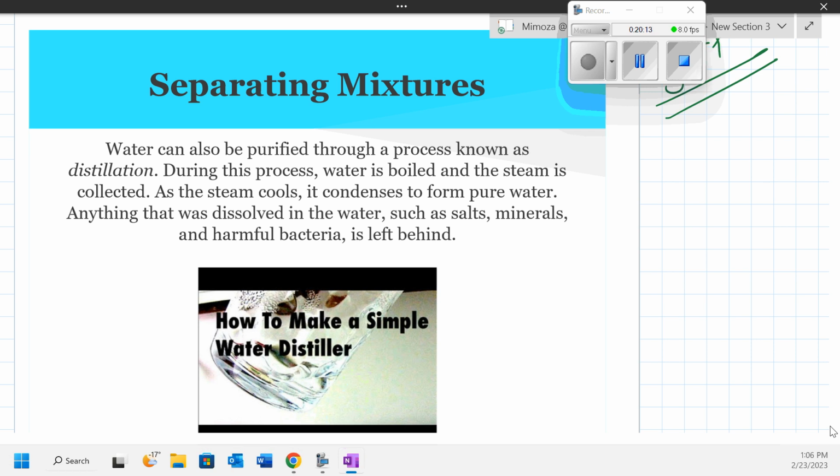You see distilled water even at the supermarket. If you go to Superstore or so, you will see some distilled water bottles that you can use for other things in your life.